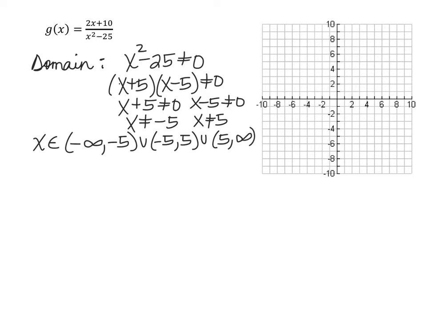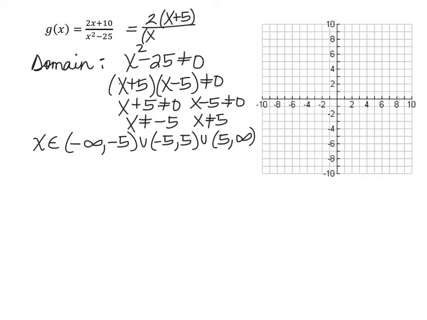Now, some people choose to go ahead and factor from the very beginning, and that would be fine as well. If I go up to the original function g of x and I factor, I notice that the numerator has a common factor of 2. So I'll factor out a 2 from the numerator, 2 times the quantity (x plus 5).